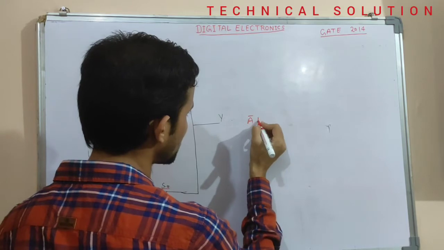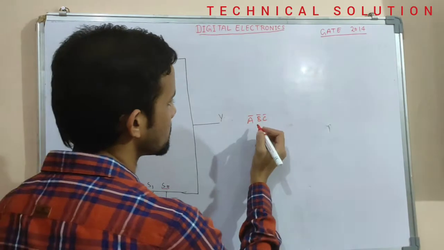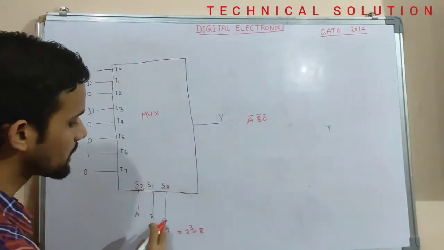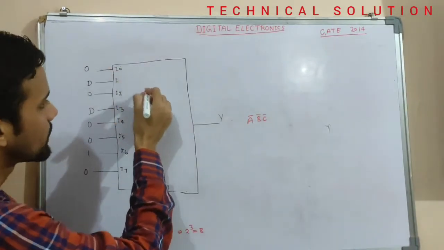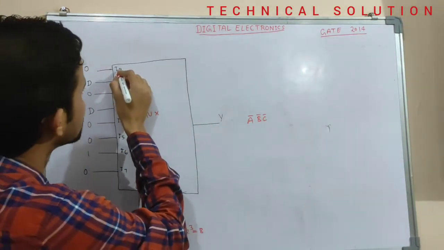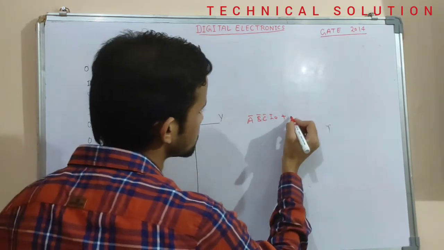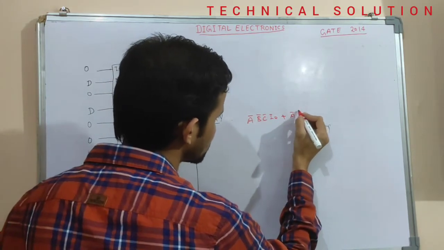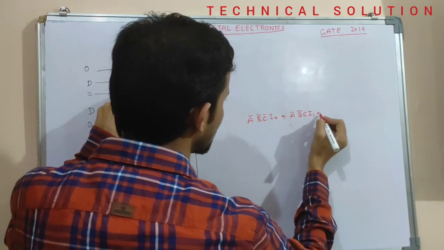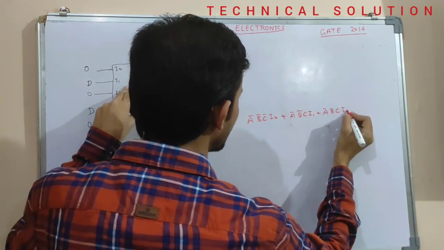That is A bar, B bar, C bar. In decimal representation it is 0. If it is A bar, B bar, C bar, then I0 is passed through to the output, and here we first write it as it is, I0. Next is A bar, B bar, C, and I1 is passed. Next is A bar, B, C bar, and I2 is passed.